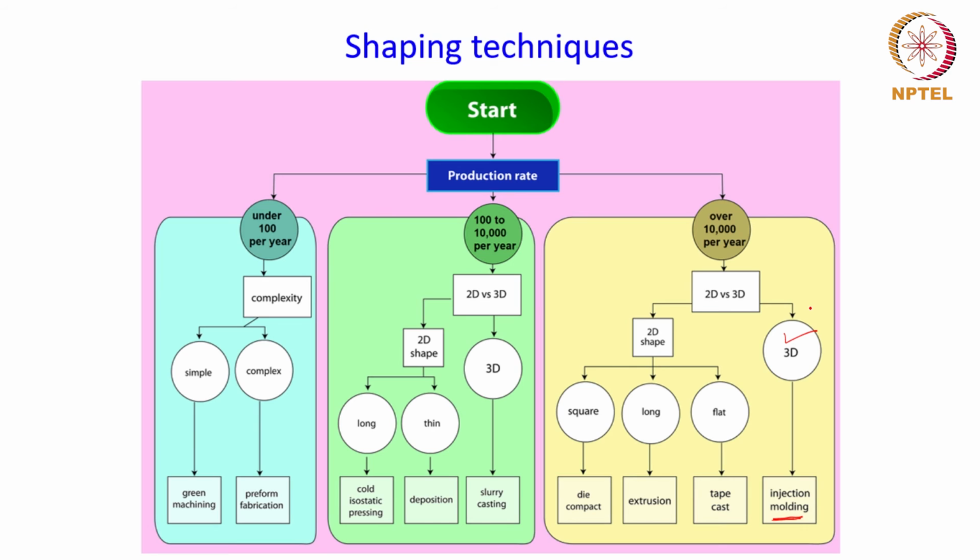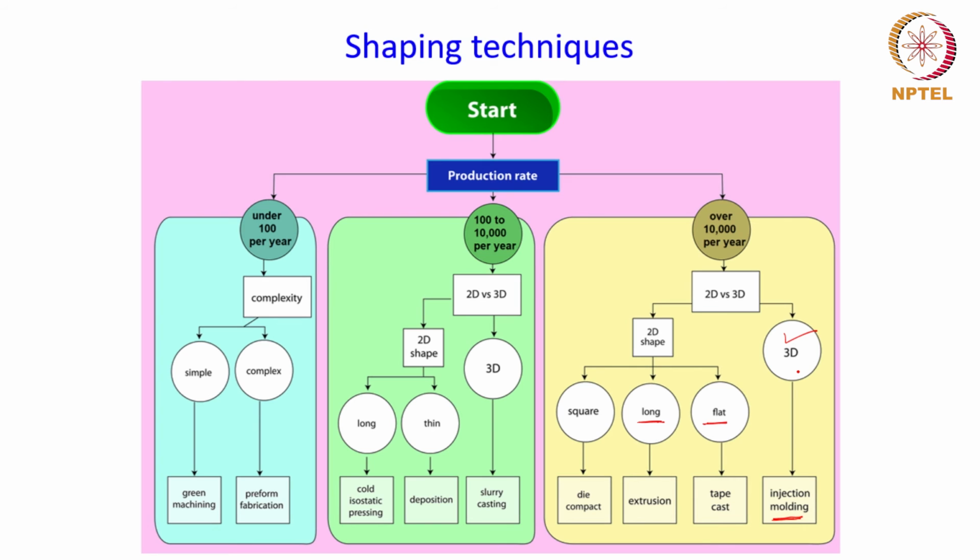And now you can also see here that for other kind of shape complexity, like for example, if you have a long product which is to be made, or a flat kind of product that is needed for a particular application, then this kind of bulk shaping processes that we have discussed so far may not be so suitable.